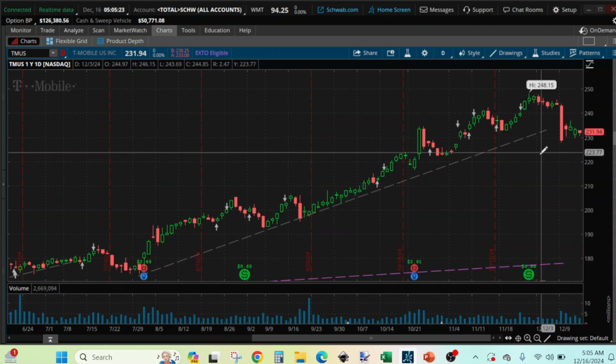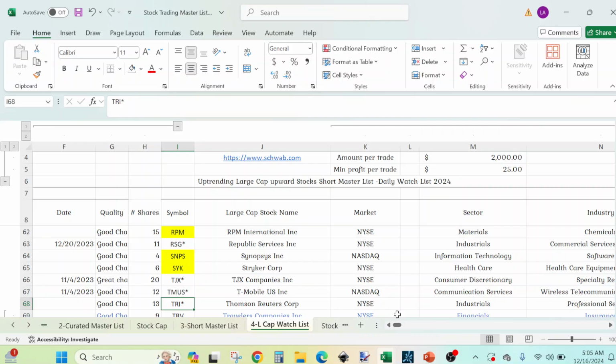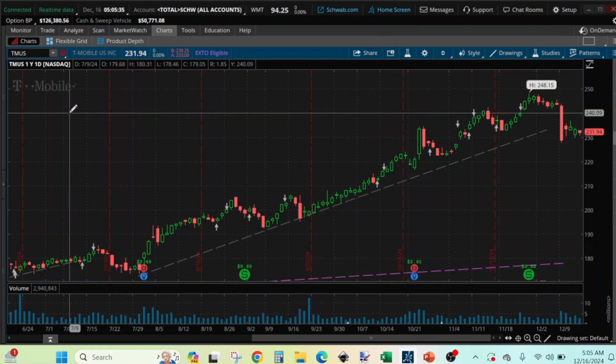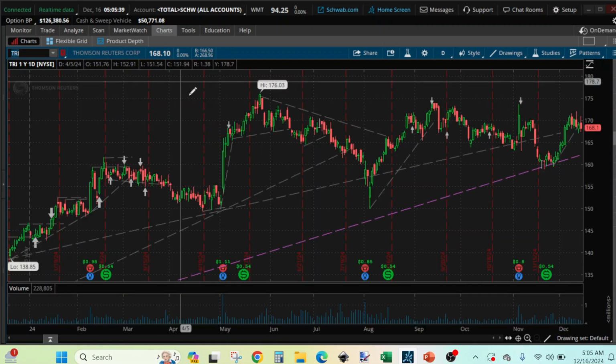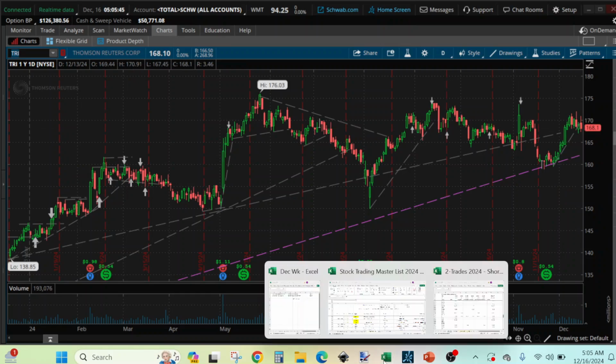This low here, still on the trend, just temporarily fell off of it, but we are targeting the bottom line. TRI, the purple line. So this one, we are aiming for that line, and right now it is a little bit above it.